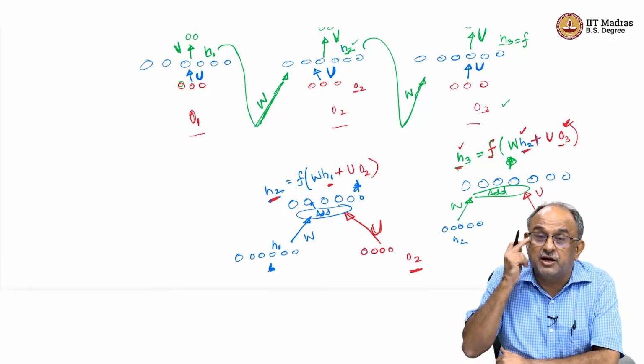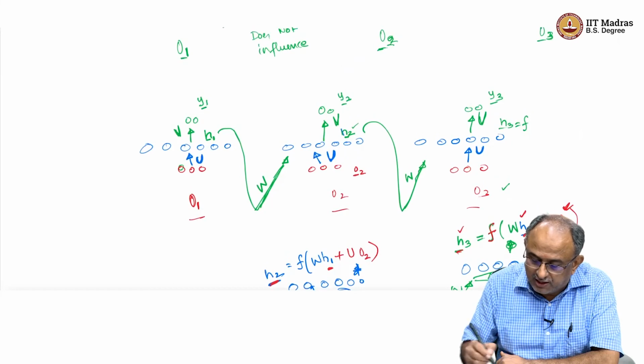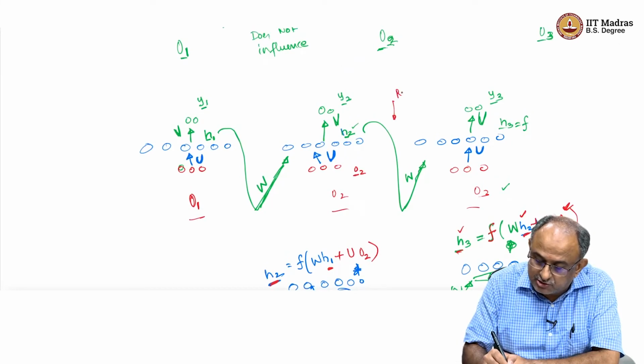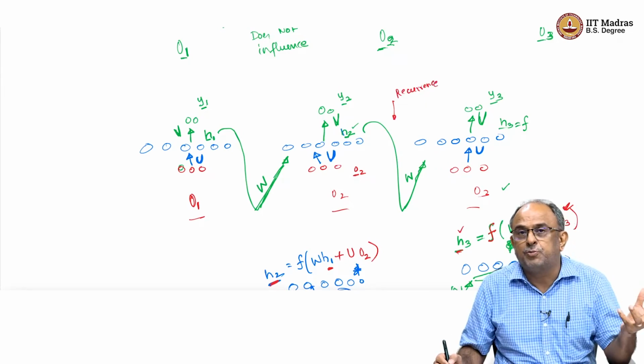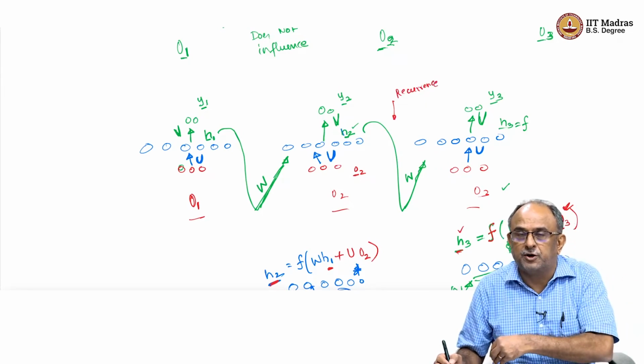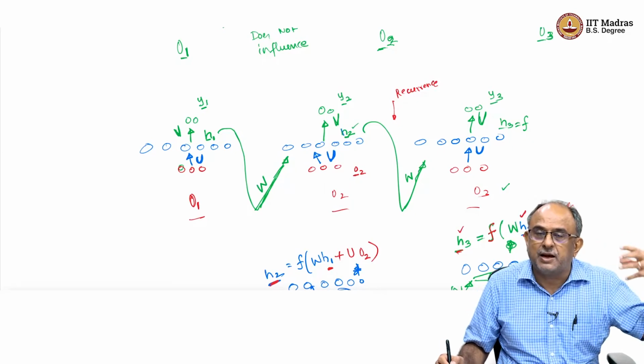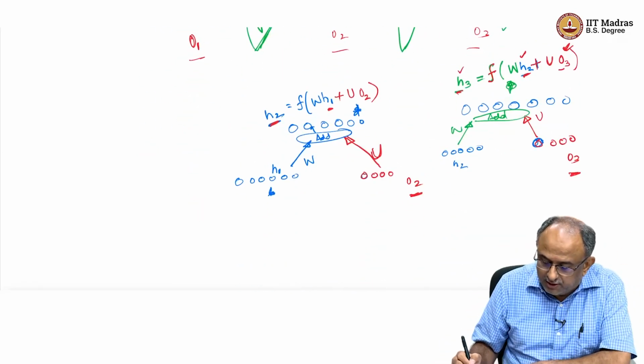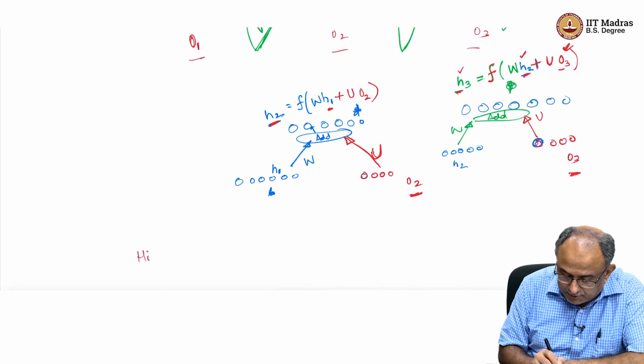So, this is called a recurrence relationship. This is the recurrence, right. So, I am giving a feedback from the previous output to the new input, right. So, it is getting some history captured.